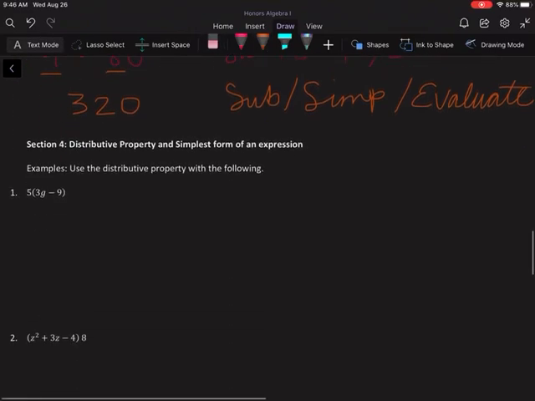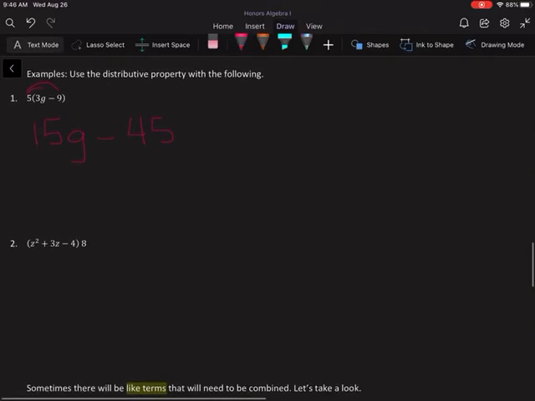All right. So now the next stuff we do is pretty simple. It's the distributive property, and we've all used this already before. So when we do distributive property, we multiply everything on the outside to the inside. So 5 times 3g is 15g, and then 5 times negative 9 is negative 45. And that's it.